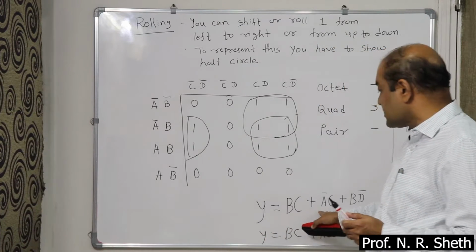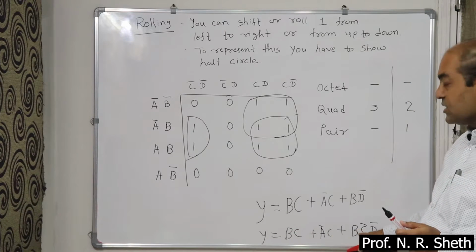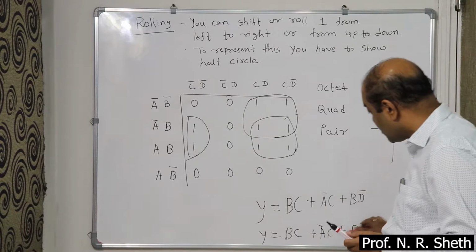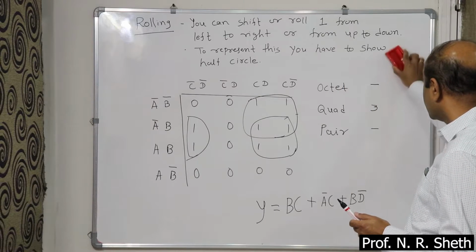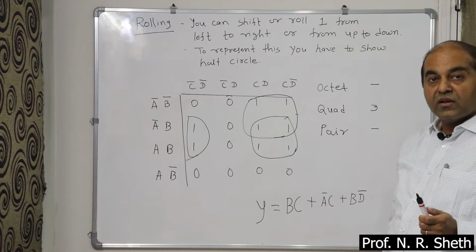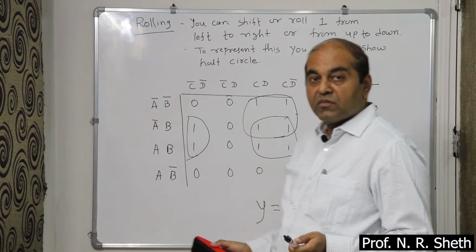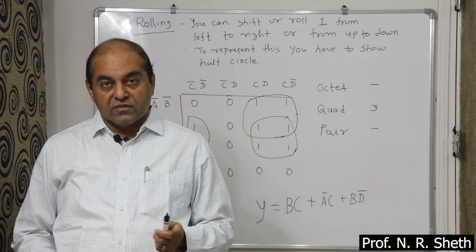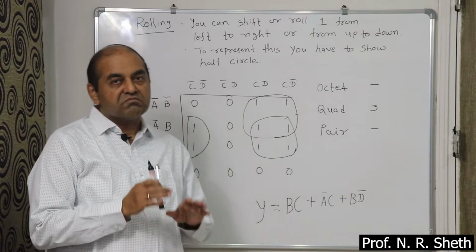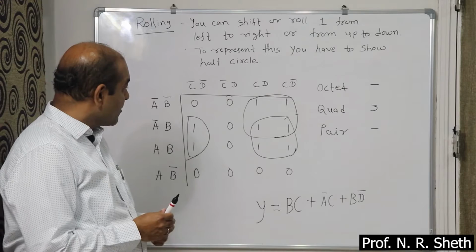This equation has 6 variables, this one is 7, so this is a wrong equation. Okay, so keep all these things in your mind. It looks simple, but in the exam, a minute error makes everything 0.